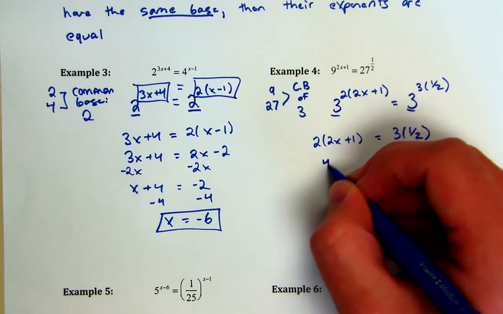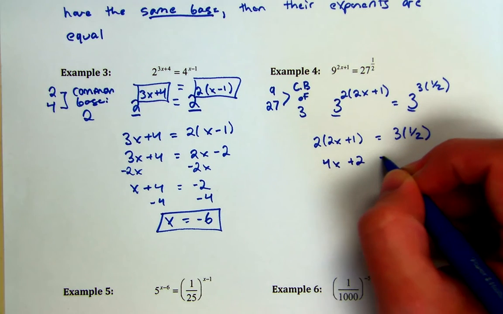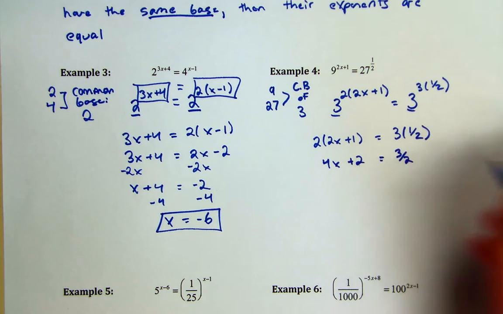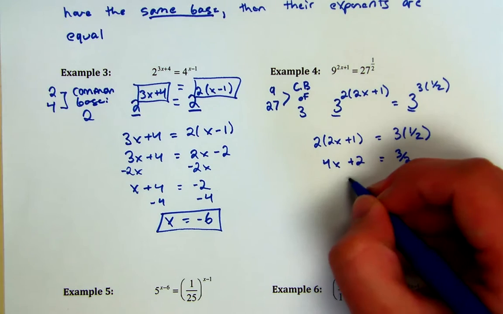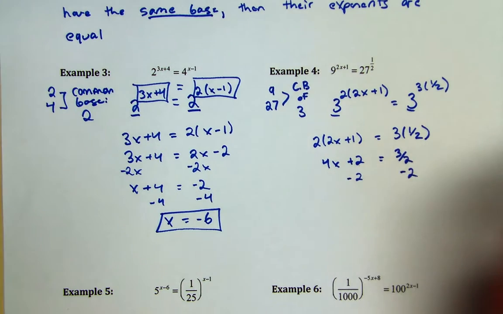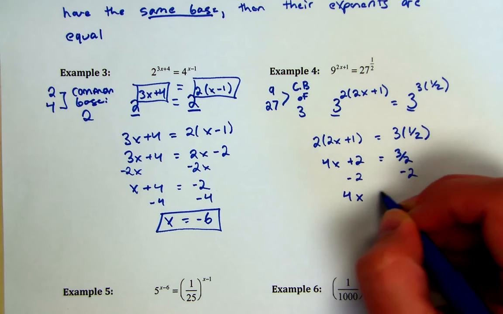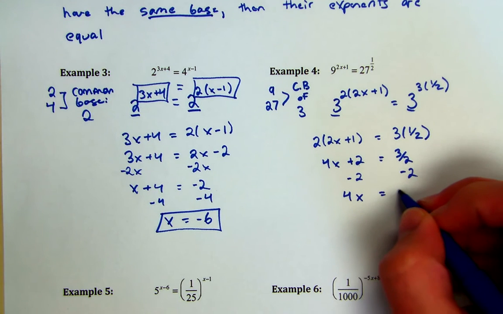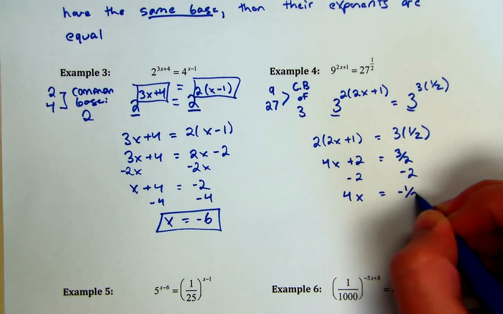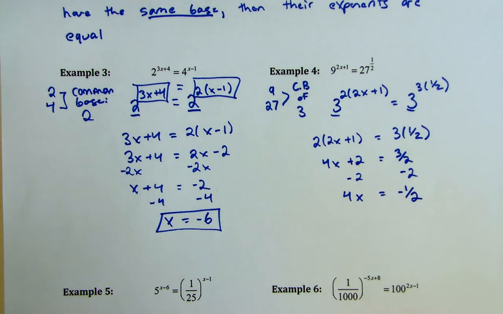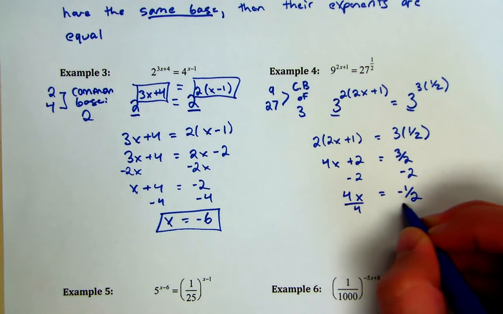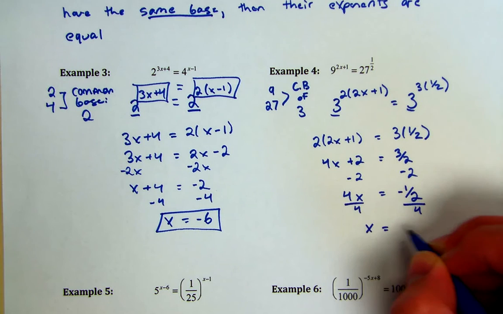So I have 4x plus 2 equals 3 halves. Subtract 2 from both sides. I get 4x equals negative 1 half. And I divide both sides by 4 to get x equals negative 1/8.